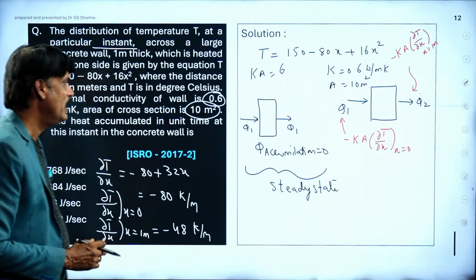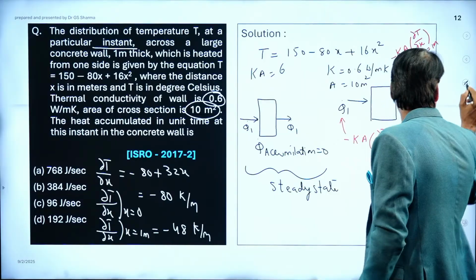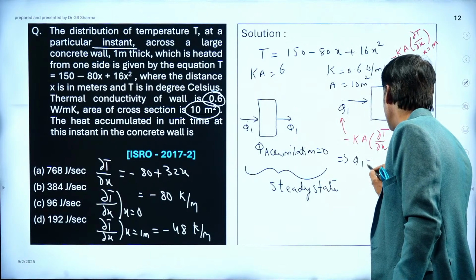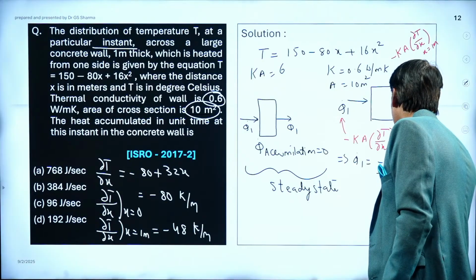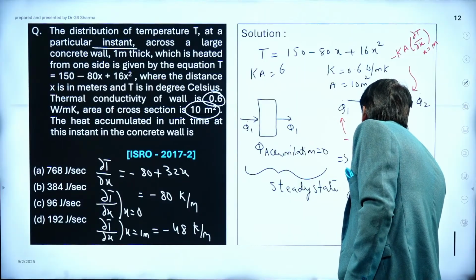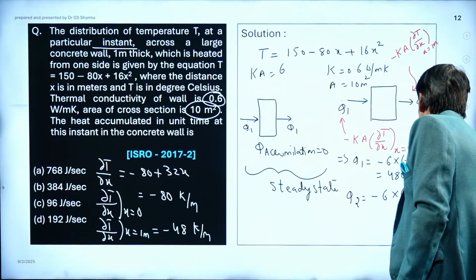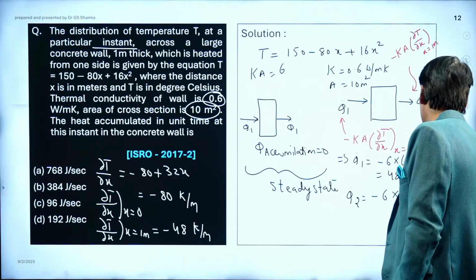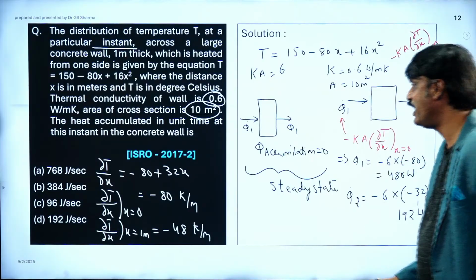Now Q dot 1 is minus 6 into minus 80, which comes out to be 480 watts. Q dot 2 is minus 6, because K into A is the same, into minus 32. Then 480 minus 192.